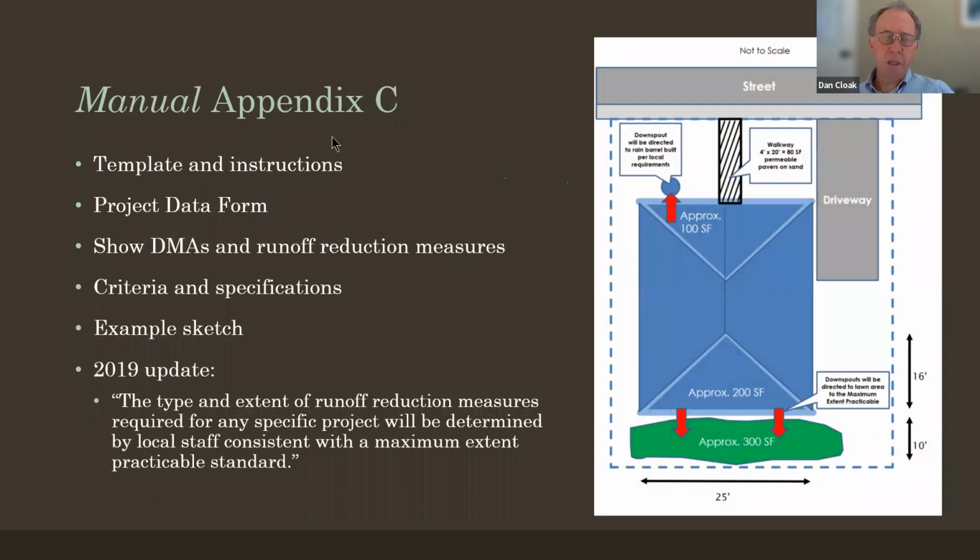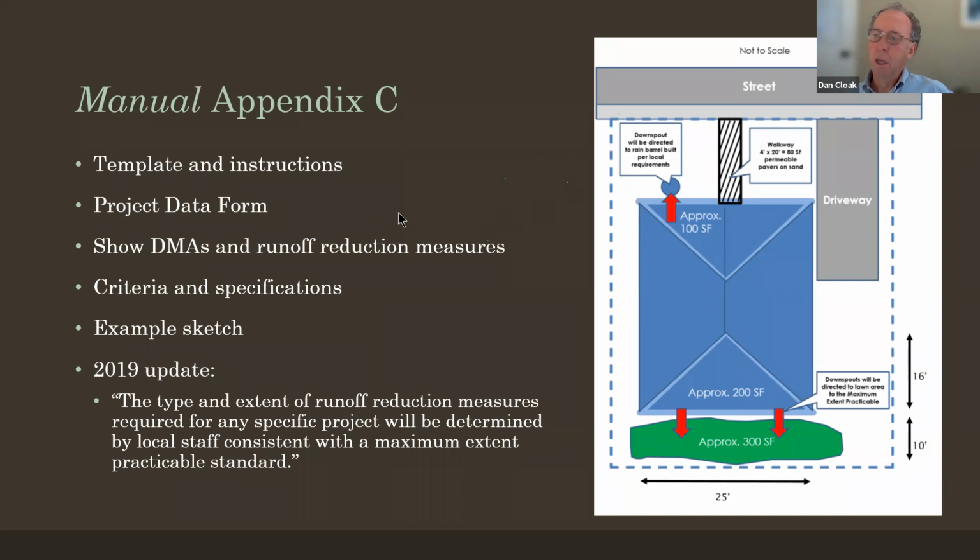In Appendix C in the manual, there's a template and instructions. For regulated projects, we have the instructions and the template separate. But the idea here is this is so simple that you can just pick up what's in Appendix C and follow it and basically treat it as a form, which a regulated project is too complicated to do.